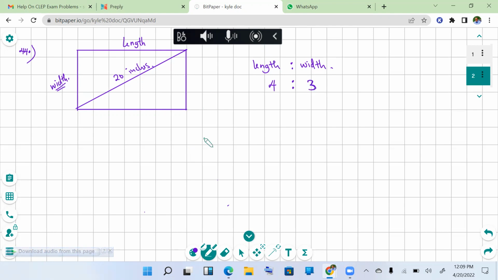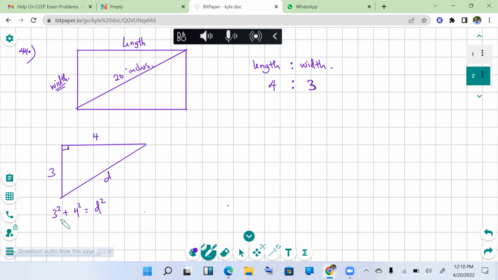Okay. So if we think of Pythagoras theorem, if we had a triangle that looks like this, and we can see that if this is 4 and this is 3, according to Pythagoras theorem, for the diagonal of that triangle, we must have that 3 squared plus 4 squared equals d squared.